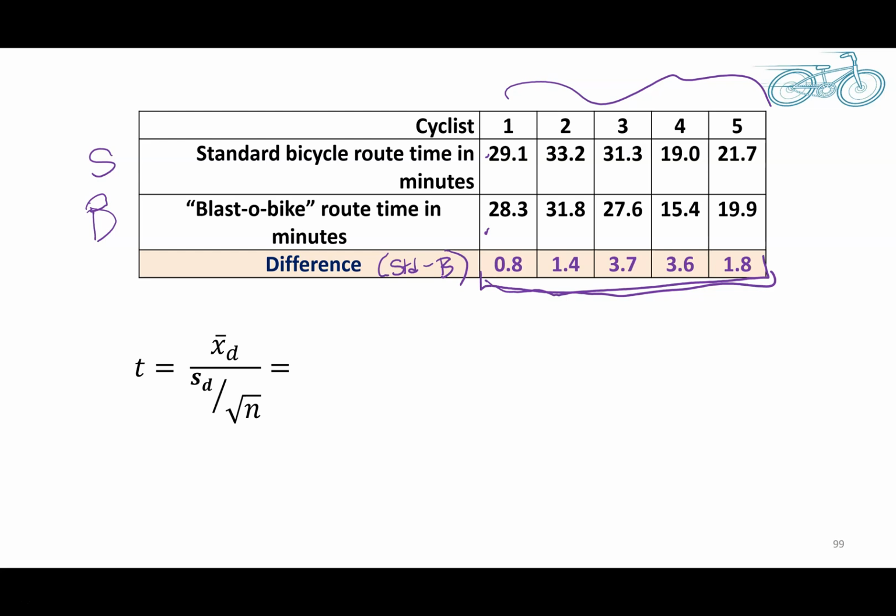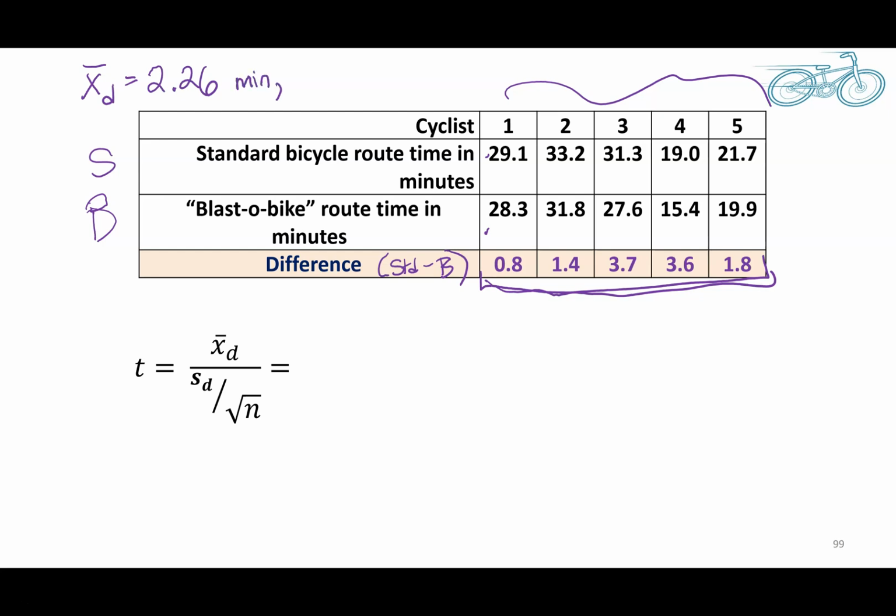The mean is just your X bar D, so your average difference here. Of those 5 differences, if I average them, that is 2.26 minutes.